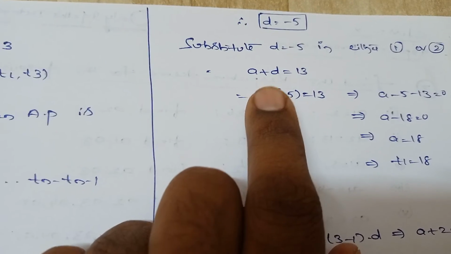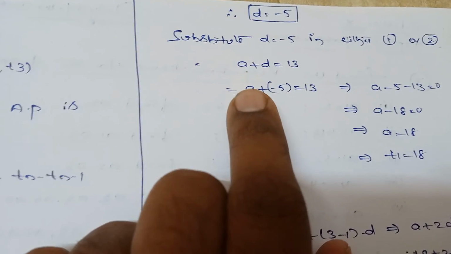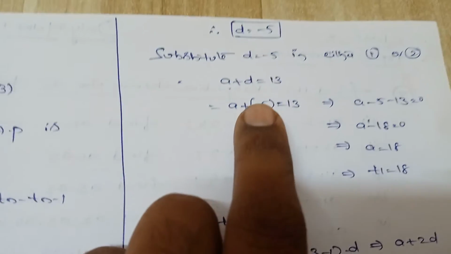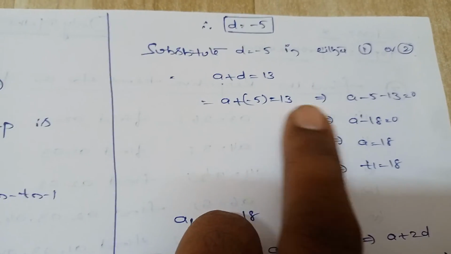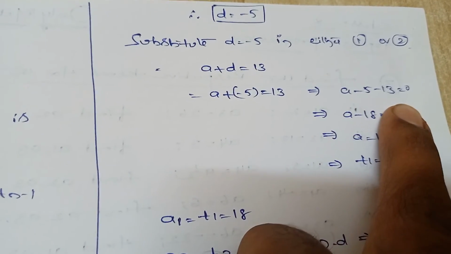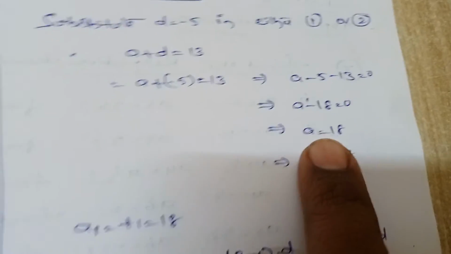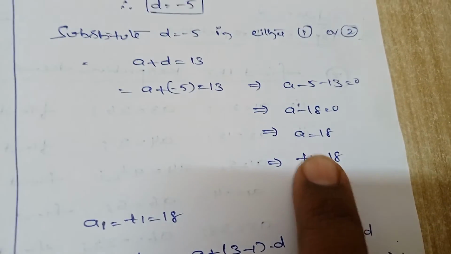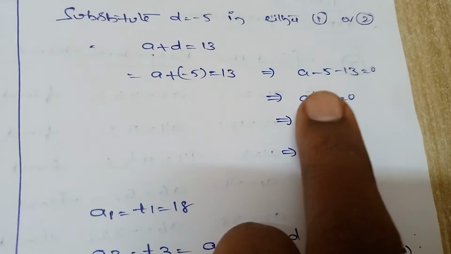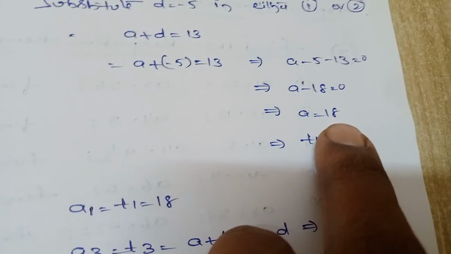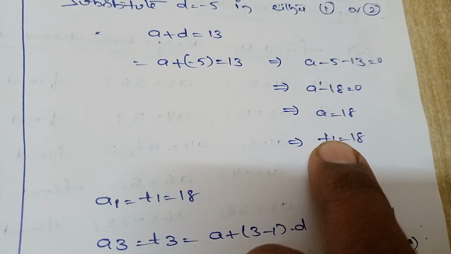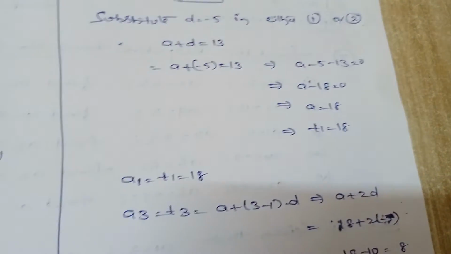I am substituting in the first equation. So A value we don't know. So A plus D value we got as minus 5 equal to 13. So A minus 5 minus 13 equal to 0. Because I am sending 13 to LHS, it becomes minus. Okay, A minus 18 equal to 0. A equal to 18. Because I am sending minus 18 to RHS, it becomes plus 18. Therefore, A value is nothing but T1, right? First term. So T1 equal to 18.